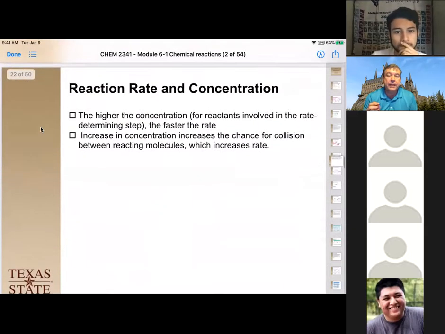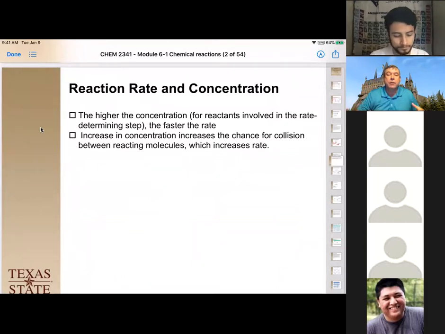Now, things that can increase your rate are things like concentration. The higher the number of molecules you have available to make that transition state, the faster the reaction can go. If you have 10 molecules, and you have enough energy that it happens once a minute where two molecules get close enough to do it, now let's double that.